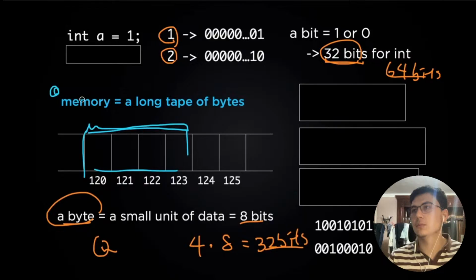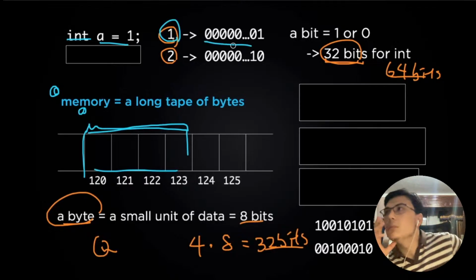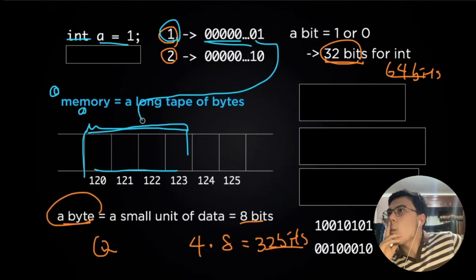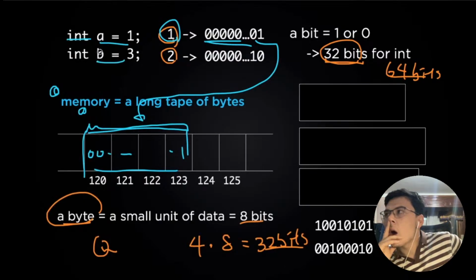So in this particular case, when you have int a equals 1, 1 is first converted into 32 bits, zeros and ones, and those bits are split into these 4 bytes and stored right here. If you have one more integer, for example int b equals 3 right after this line, that variable will be stored on the 4 bytes right after the first 4 bytes.